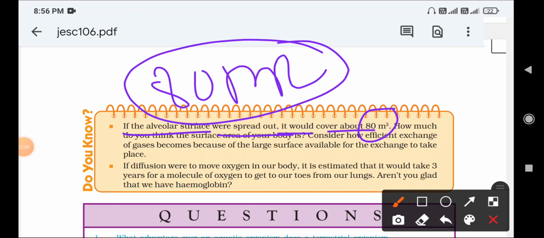How much do you think the surface area of your body is? Consider how efficient the exchange of gases becomes because of the large surface available for the exchange to take place.